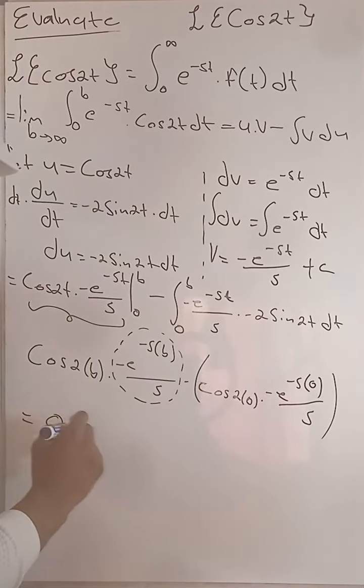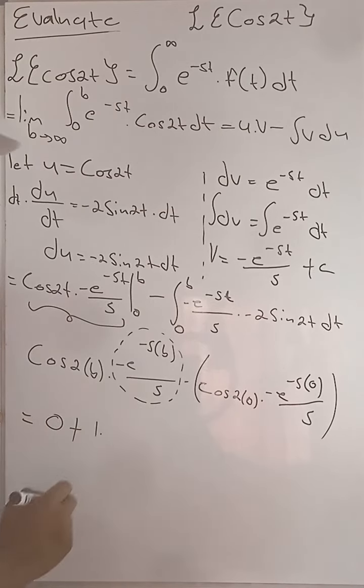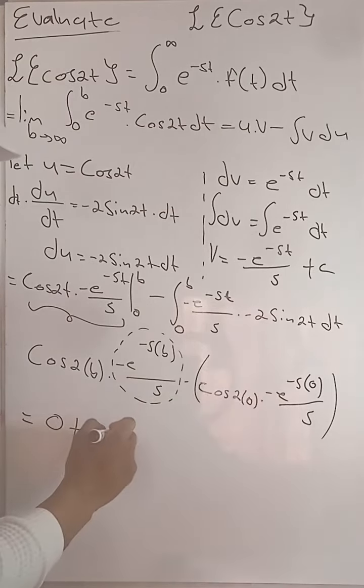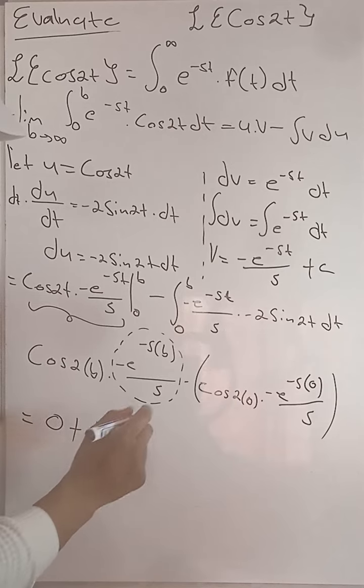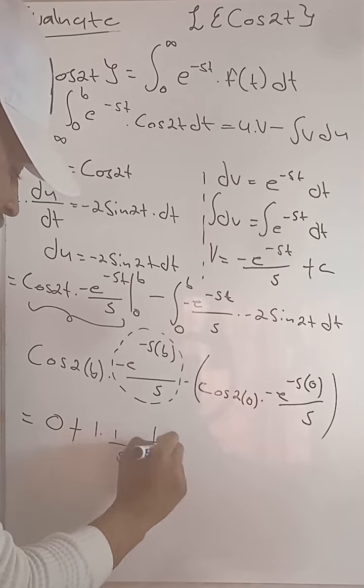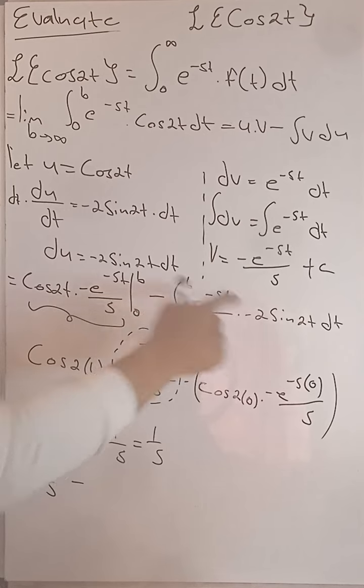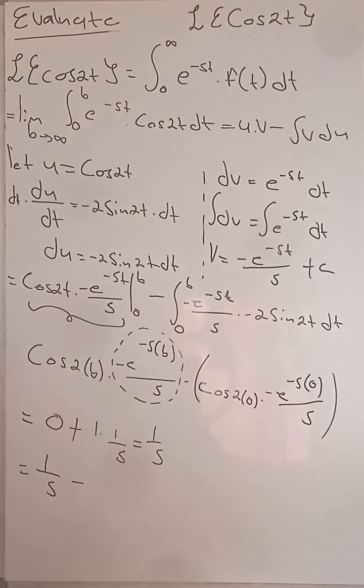Negative times negative will be positive. Cos of 0 is 1 multiplied by e to the power 0, and anything raised to the power 0 is 1, all over s. So I'm getting 1 over s for this part. So it will be 1 over s here minus negative, it's negative.